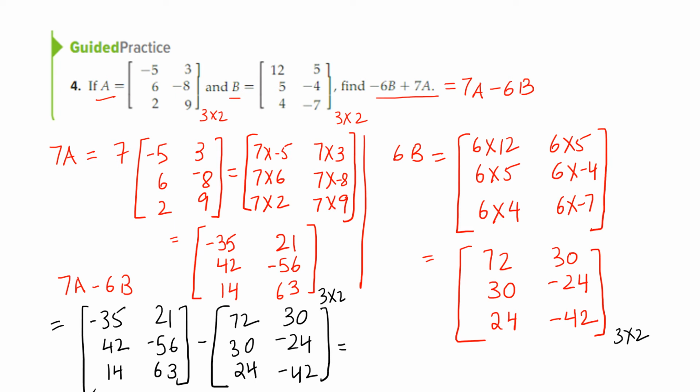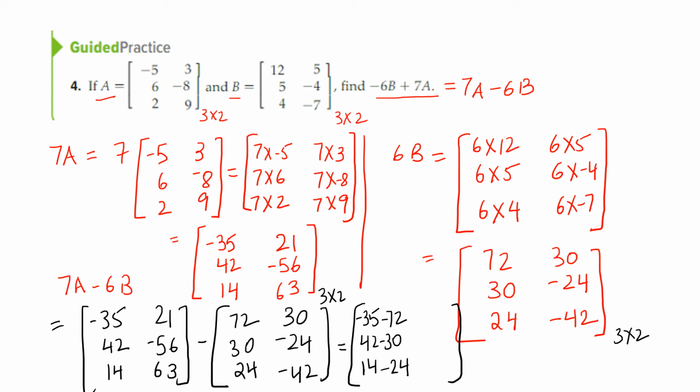Now when we are subtracting, the rule is very simple, quite a straightforward rule: subtract the corresponding elements. So that means the first column would be negative 35, negative 72. So this negative comes for each element, the sign changes because of subtraction. 42 minus 30, 14 minus 20.